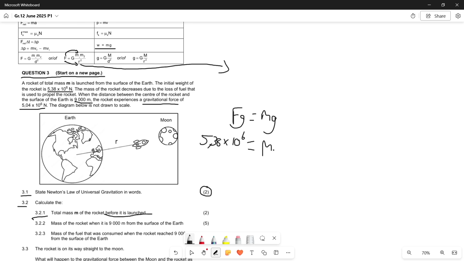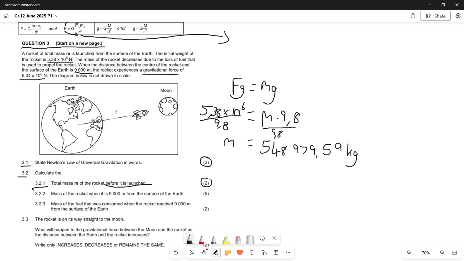Its mass is what we want, and gravity on Earth is 9.8. So we can just divide this 5.38 times 10 to the 6 by 9.8, and we will have our mass. And our mass is 548,979.59 kilograms. So we just earned another 2 marks over there.